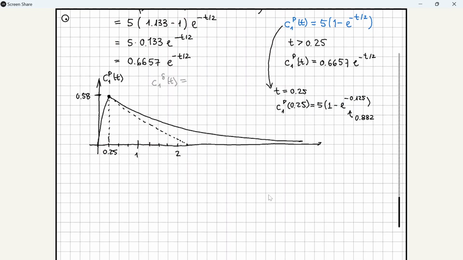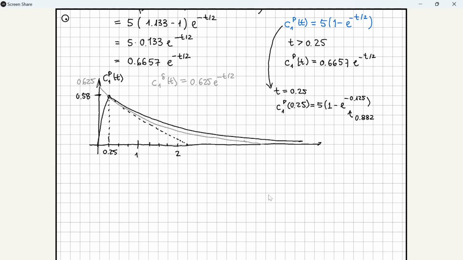So it's slightly higher, 0.625, but then it goes down with the same time constant. But it's very similar.